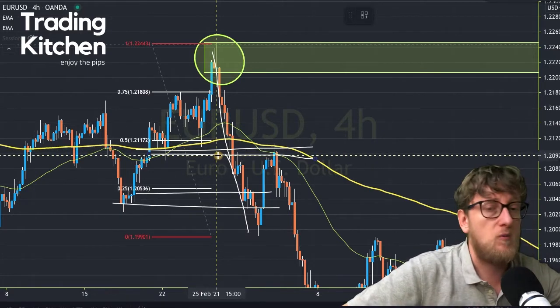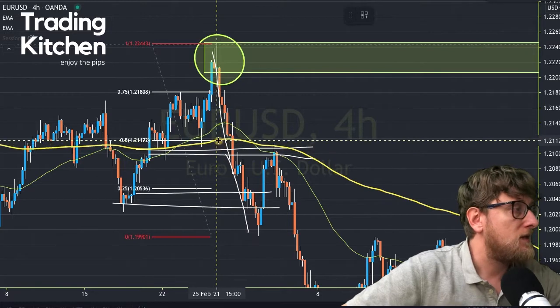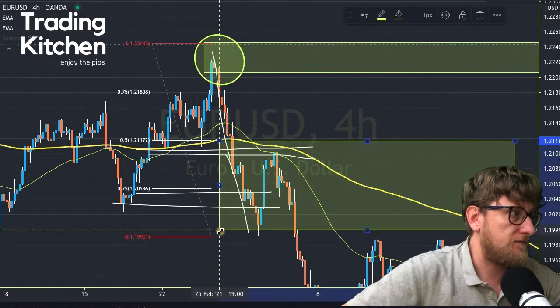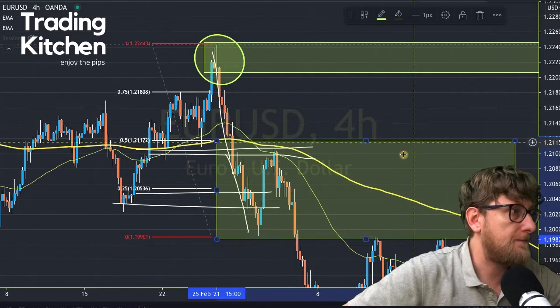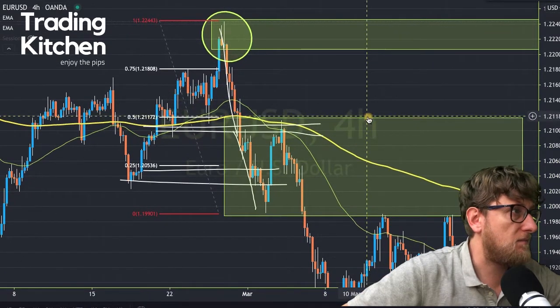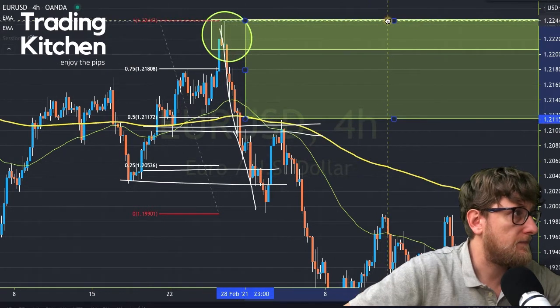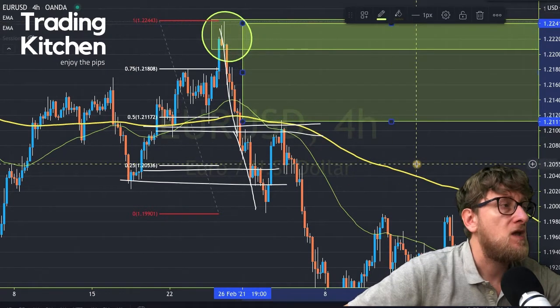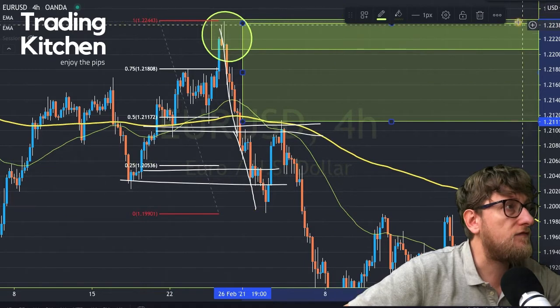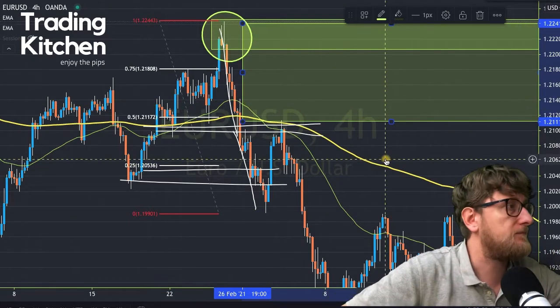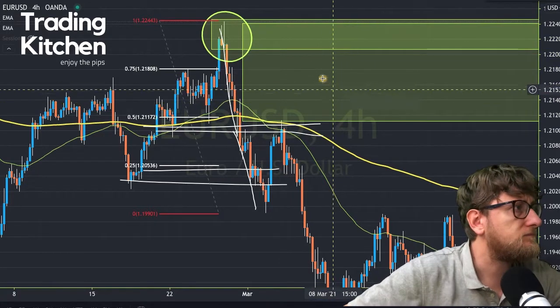I will link it in the description. This is the discount area, and this above 50 is premium area, more or less here. So I will look for a short in this area.